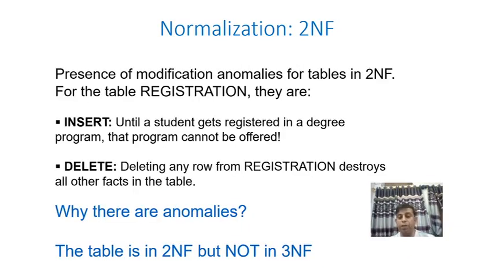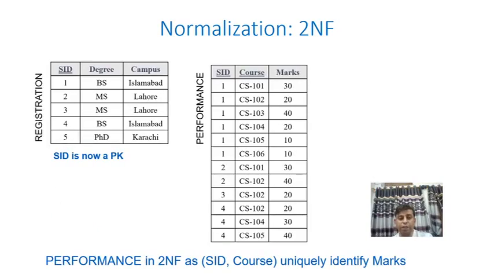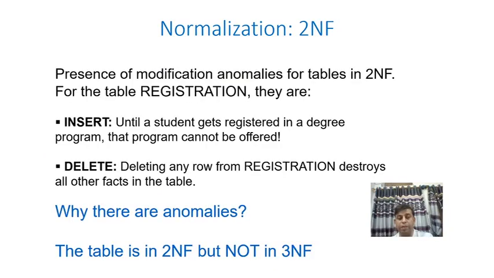Presence of modification anomalies for a table in 2NF, for the table registration. If we look at the registration table, there are also some anomalies, and these are insert and delete anomalies. Insert anomaly: until a student gets registered in a degree program, that program cannot be offered.